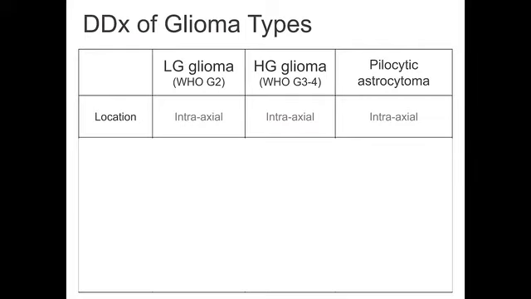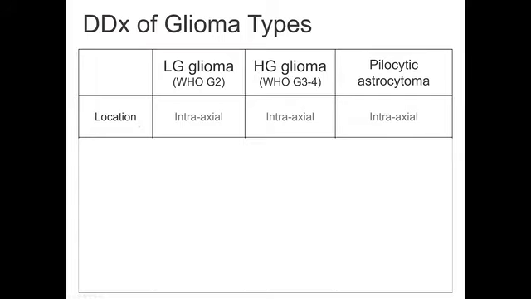So since the gliomas are the most common tumor types in children, we need to know how do we differentiate between the 3 common entities of gliomas, including the low-grade gliomas, grade 2, and the high-grade gliomas like anaplastic astrocytoma or the GBM, grade 3 and grade 4, and the pilocytic astrocytoma, which is a grade 1 tumor.